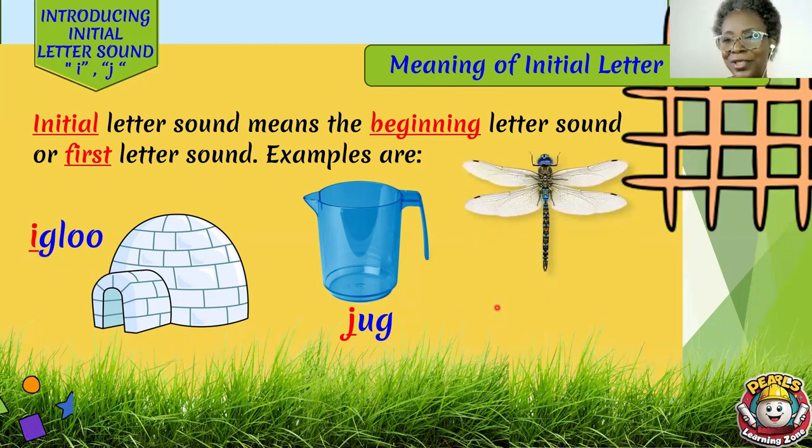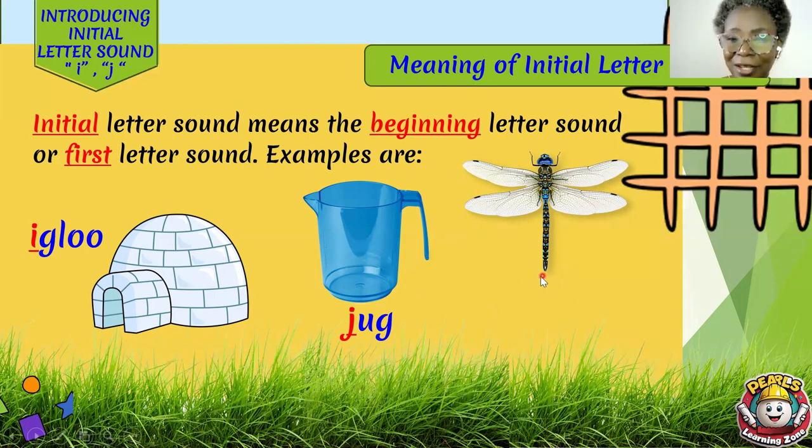Who knows what this is? Does anybody know the real name for this particular object? Okay, I'm not interested in the real name now, but I'm going to give you a general name that we call objects like this. This is an insect.